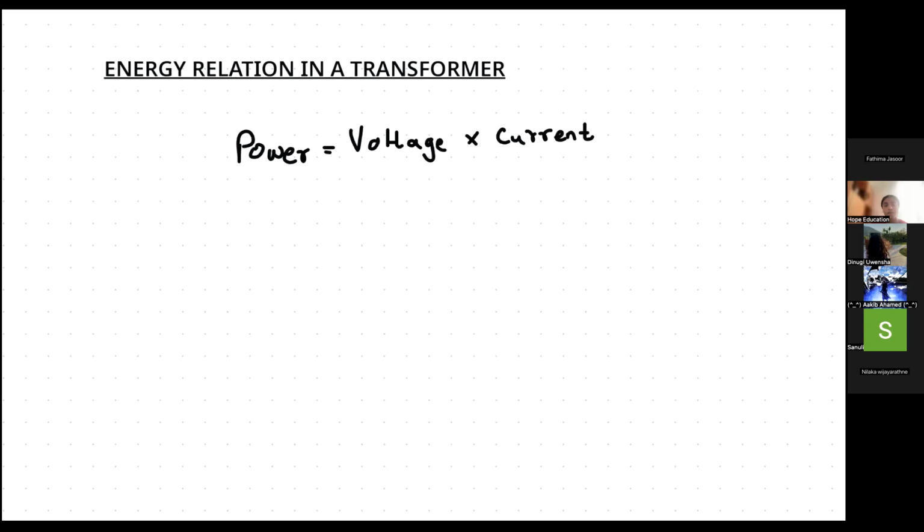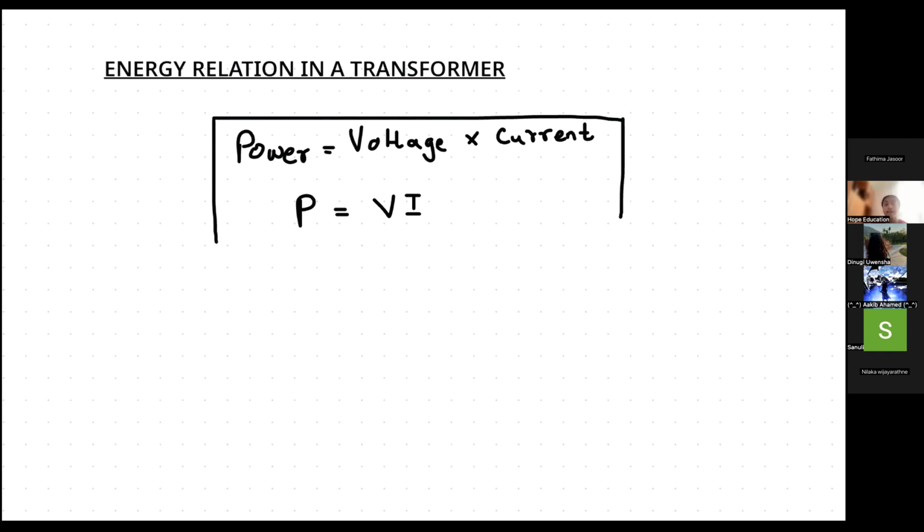P equals V multiplied by current, which is I. So P equals VI. This is a formula which we can use to find the power in any circuit where there is a current flow and there is a voltage. If there is a current flow, there is of course a voltage. So we can use this to find the power.